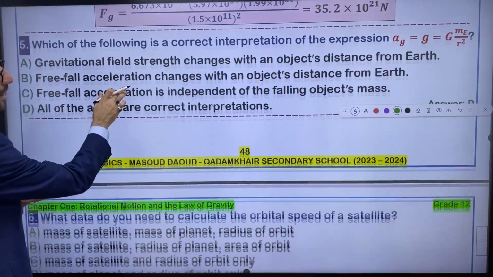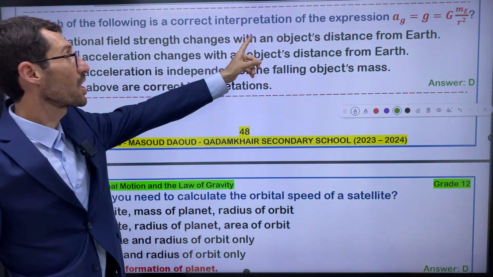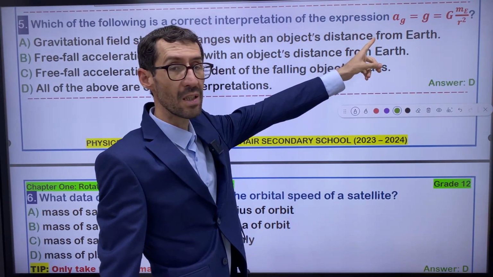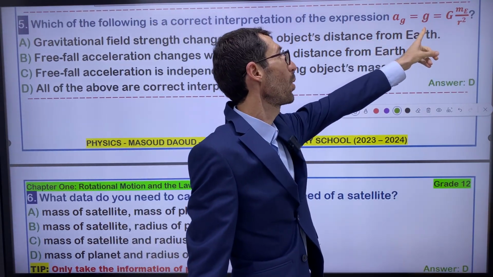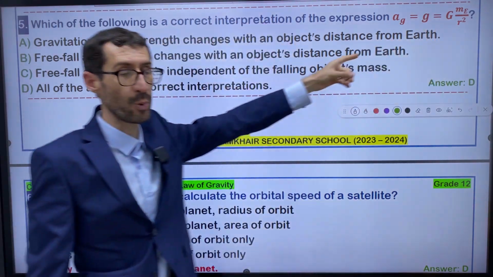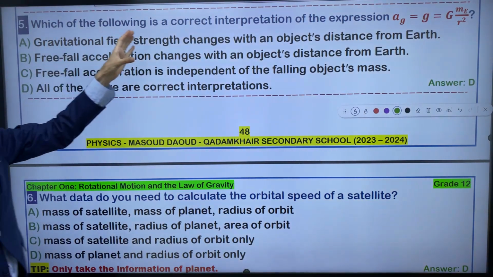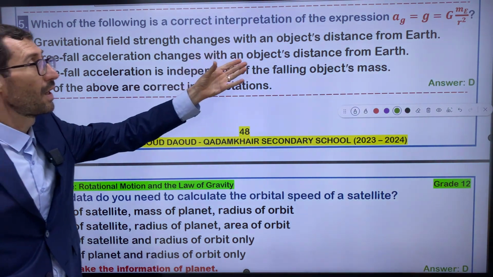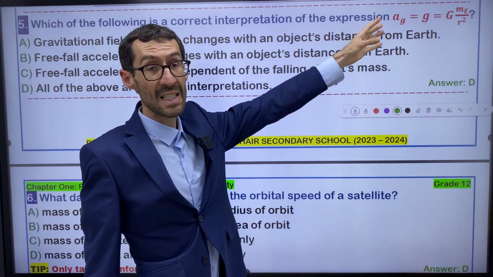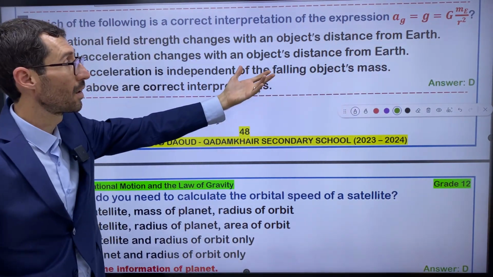Question number 5 says, which of the following is the correct interpretation of the expression a sub g? A sub g is equal to g small is equal to G capital times mass of Earth divided by R squared, meaning radius of Earth squared. Which of the following is the correct interpretation? Actually, I proved this equation for you during my explanation, right?